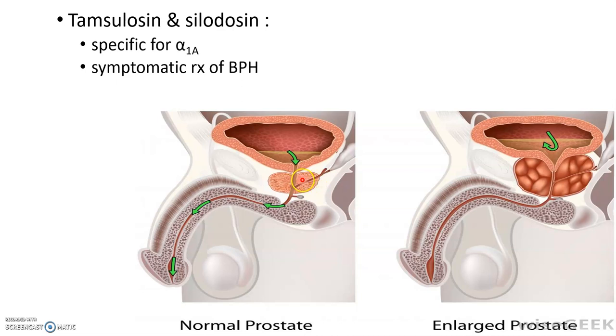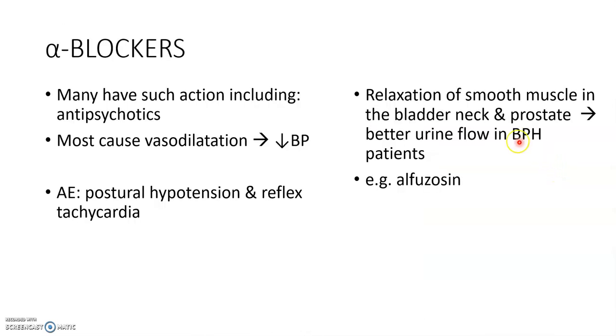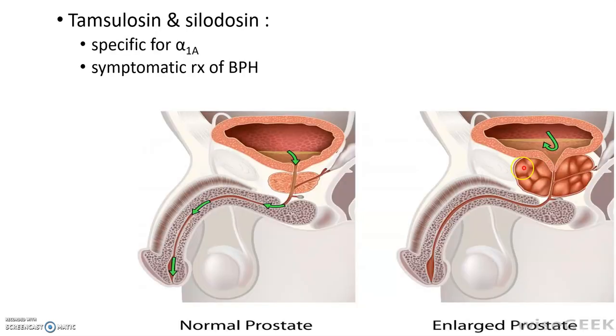In BPH, benign prostatic hyperplasia, you have the prostate enlarging. So in order to relax this area, the bladder neck and prostate, you want to relax the muscles here so that you can have a nice outflow of urine.